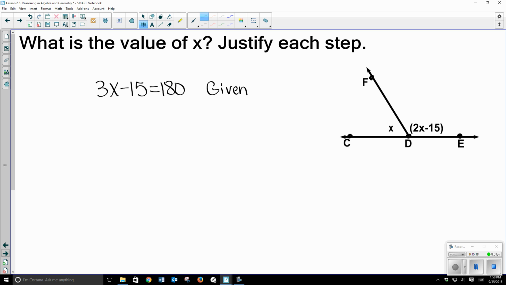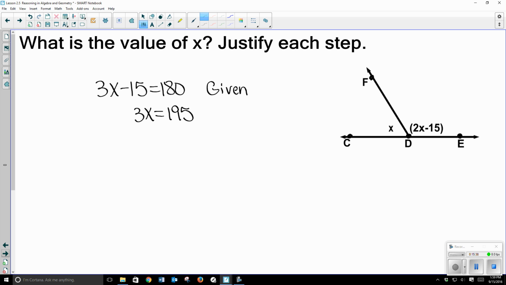If it's a formal proof, there would be more to this. So on the next step, normally we would add 15 to both sides. We would show that, but let's not show it. Let's just do this, because I'm trying to teach you how to see it without showing it.